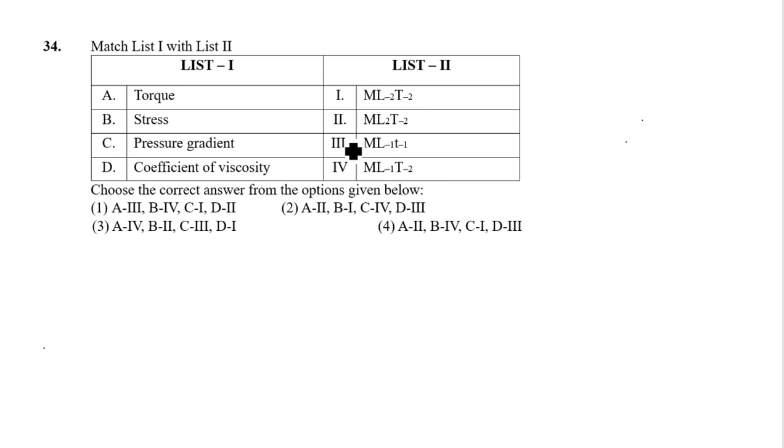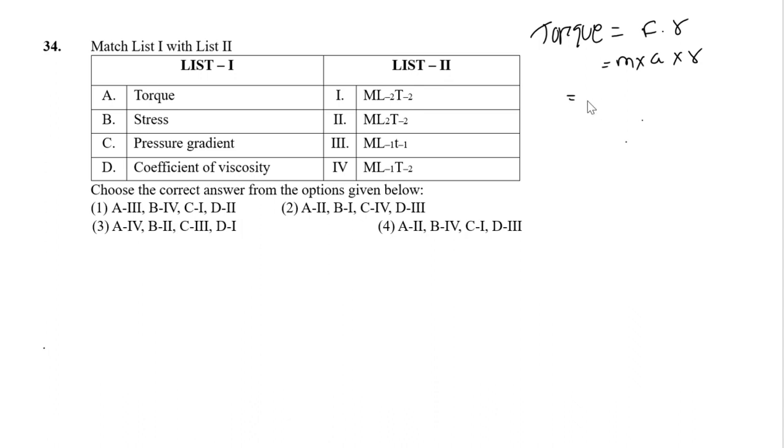Now the next question is, we have to match column A with column B with their dimensions. First, torque. Let's find the dimension of torque. We know the formula of torque is force into radius. We break force as mass into acceleration, into radius r.